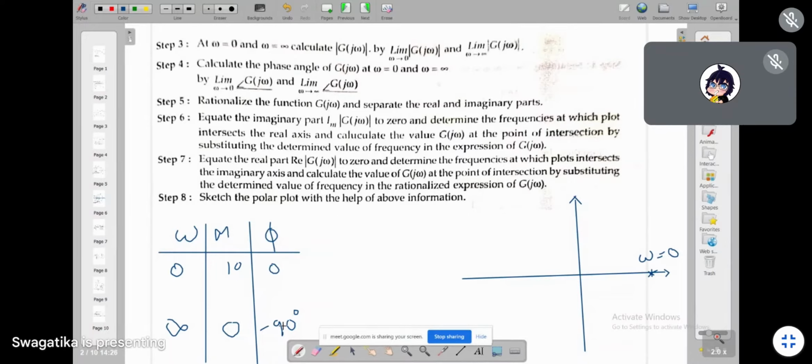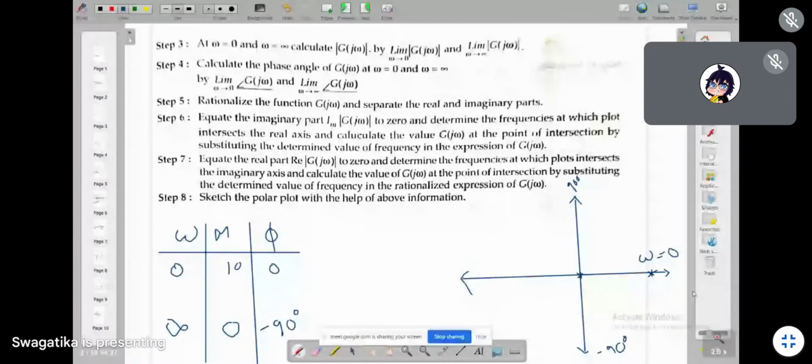Minus 90 means what? This is plus 90. This is 0, 90 degree, 180 degree, 270 degree. So this will be minus 90 degree, right? Here with magnitude 0, magnitude 0 means on the origin. So your plot will look like this.